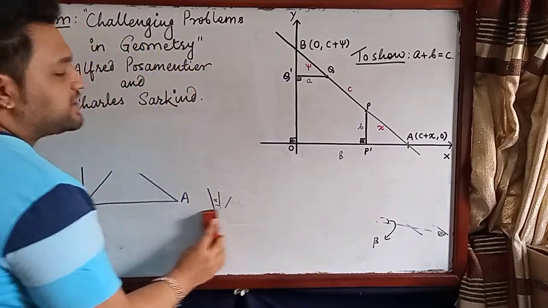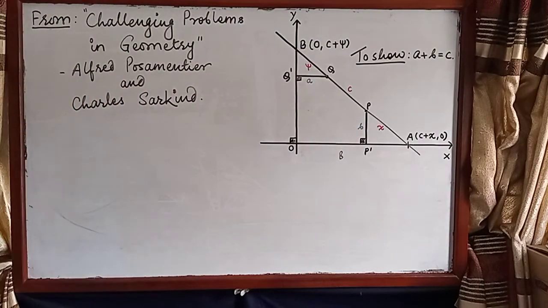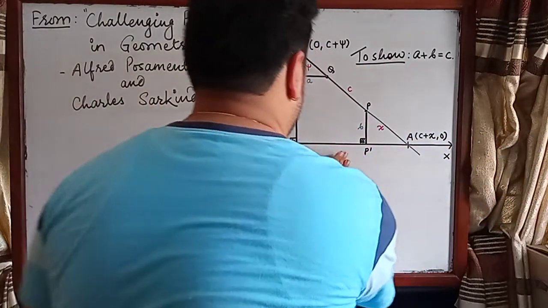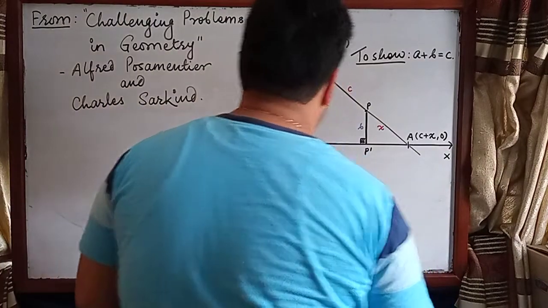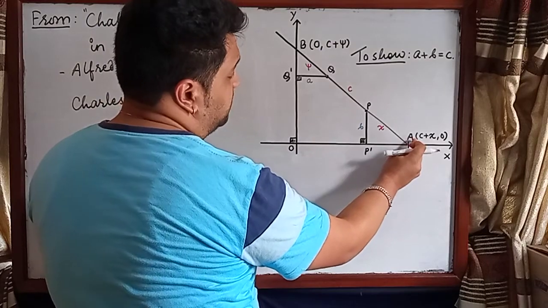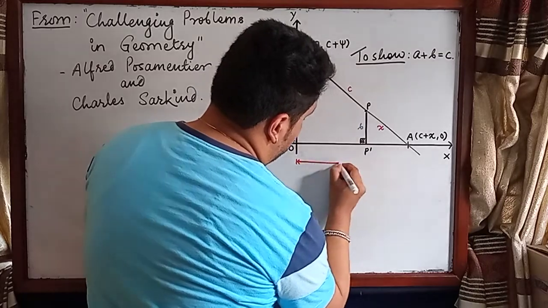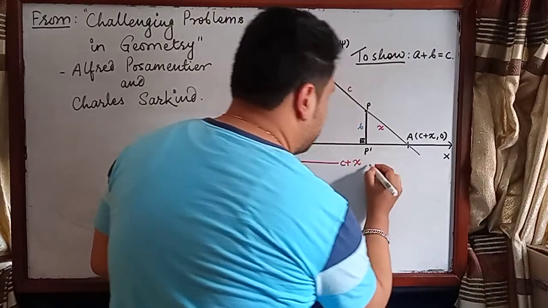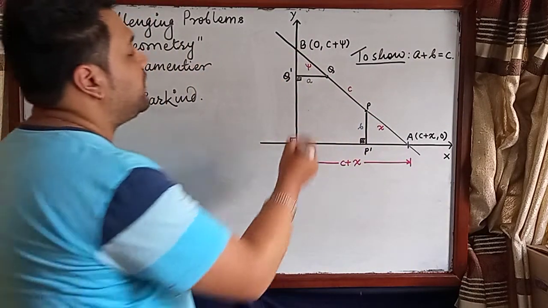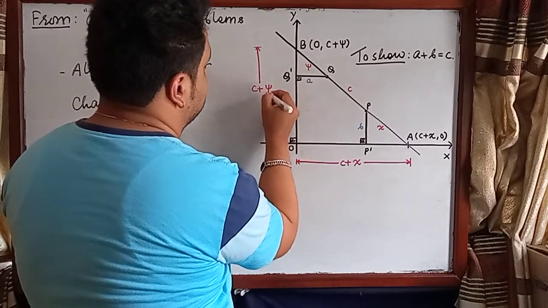All right, let's look at the second observation that we're supposed to make. Since the coordinates of A are c plus chi, comma 0, this length is c plus chi, isn't it? Yes. And similarly, this length is c plus psi.